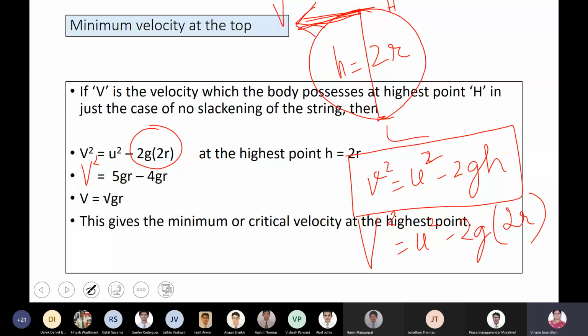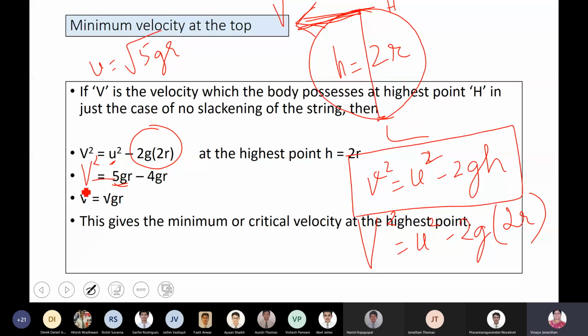Now, what was u in the previous case? Root of 5gr? Yes or no? If you want to whirl a bucket full of water so that there is no spilling, then the minimum velocity at the lowermost point is u, and the minimum velocity at the highest point is capital V. U was root of 5gr, so V squared becomes 5gr minus 4gr.